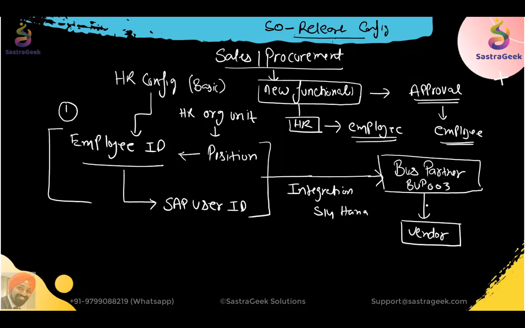Okay, so this thing you need to first configure in the system. Then only you would be able to use the flexible Fiori workflow for procurement or flexible Fiori workflow in sales. In procurement, a lot of applications depend on that: your self-service procurement and many other things, wherever activity management in procurement, all these things are linked with this functionality of your employee ID linking with the business partner.